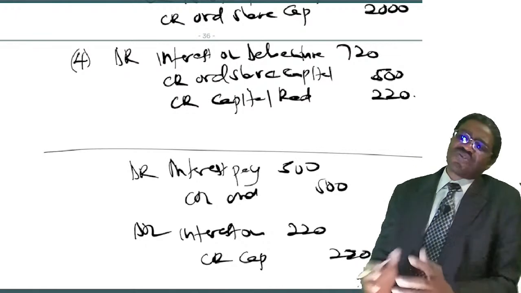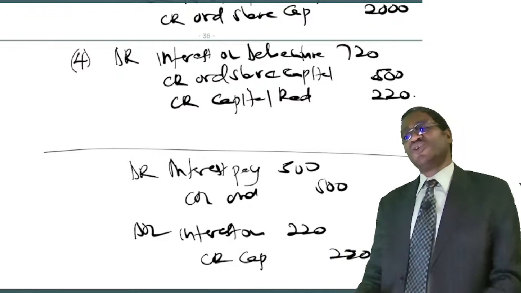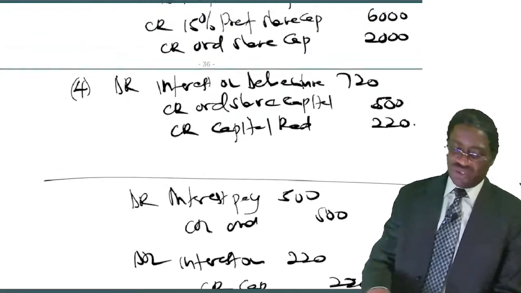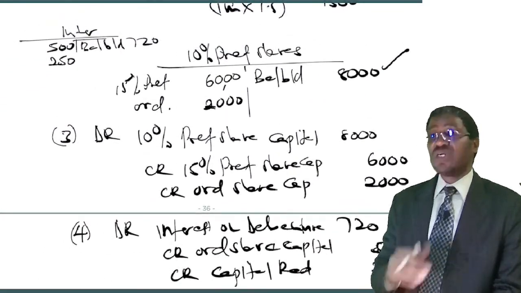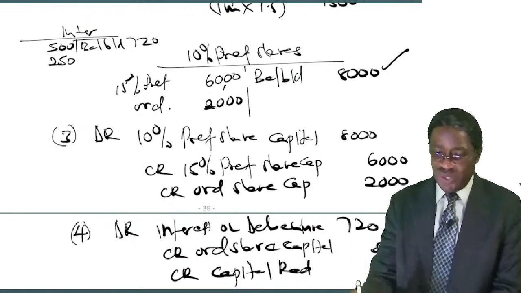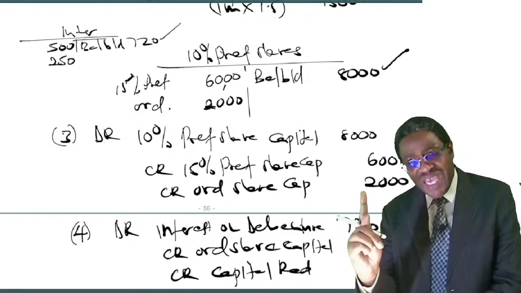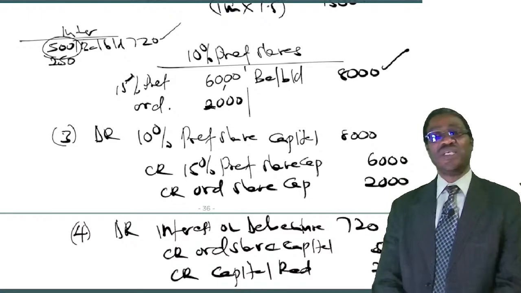You could have passed those 2 entries separately, no problem. But you can also close the account at once. We saw we owe our debenture holders an interest of 720 on the credit. I am paying it by giving out ordinary shares worth 500, so I debit that interest.